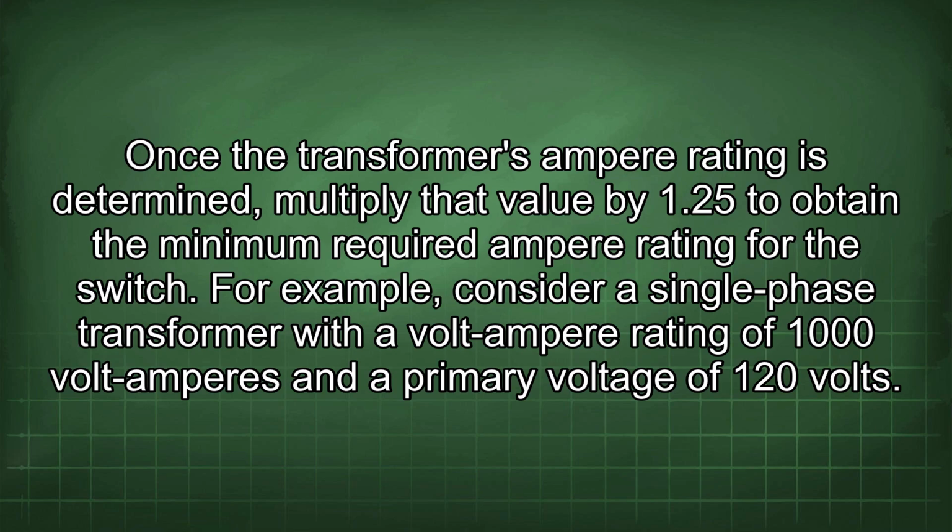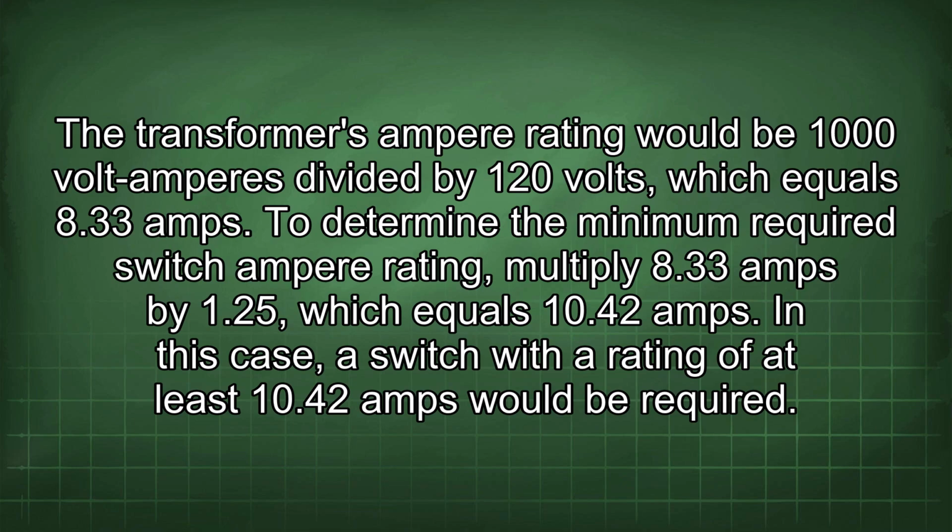Once the transformer's ampere rating is determined, multiply that value by 1.25 to obtain the minimum required ampere rating for the switch. For example, consider a single-phase transformer with a volt-ampere rating of 1000 volt-amperes and a primary voltage of 120 volts. The transformer's ampere rating would be 1000 volt-amperes divided by 120 volts, which equals 8.33 amps.